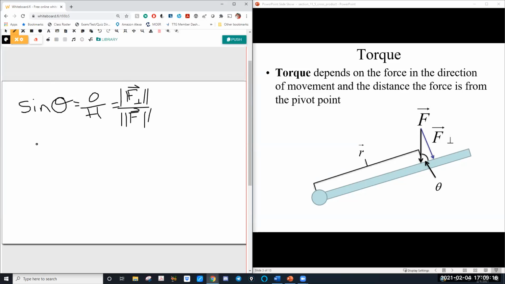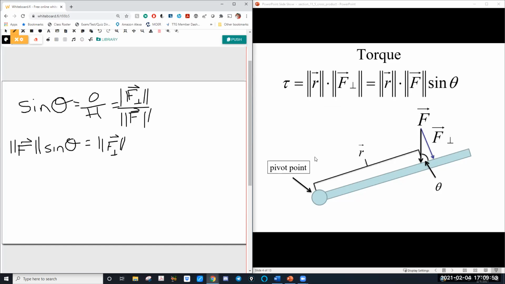So solving that for F perpendicular, we get that the magnitude of F times sine theta is going to give us that component of F that really does all the work in moving the lever, right? I think that's one of the cool things about vectors. You guys have all taken trig. It's really just a lot of right angle trig. And what this does is it gives us the geometric definition for cross product.